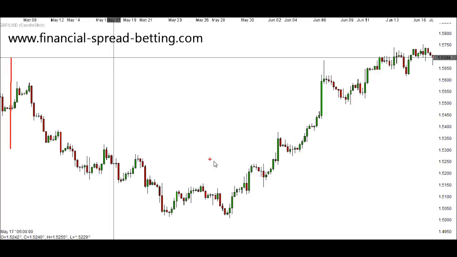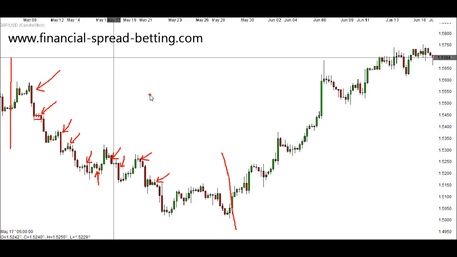In May, we have a big bearish engulfing. We have another one here, engulfs these candles previous. We have another one here, and here, and here, and here, and here, and here, and here, and here.